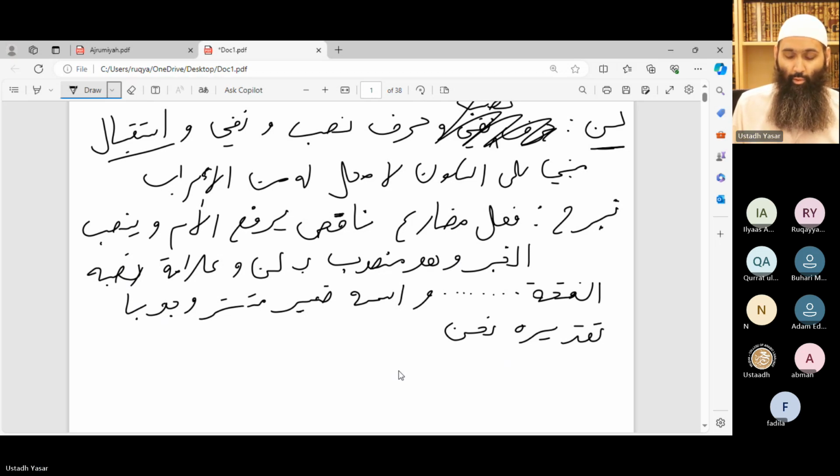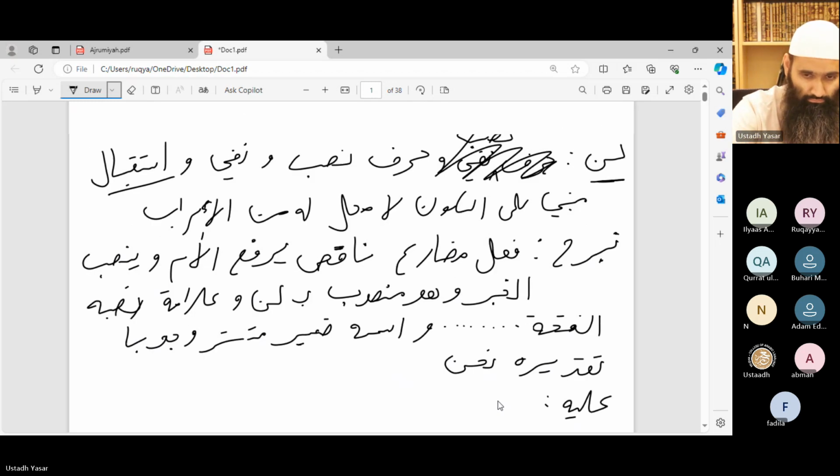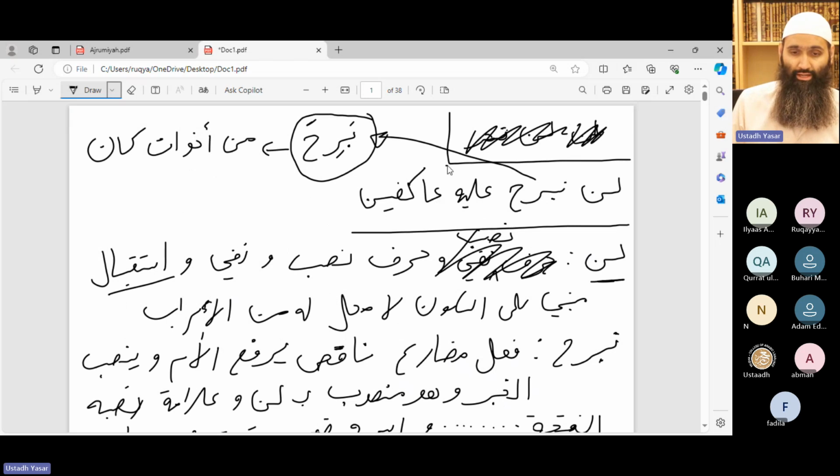Okay. So it says لن نبرح عليه. I'm not going to write the i'rab of that because we know the i'rab of that. على حرف جر مبني على السكون لا محل له من الإعراب. والهاء ضمير متصل مبني على الكسر في محل جر بعلى. والجار والمجرور متعلق بـ عاكفين. عليه عاكفين.